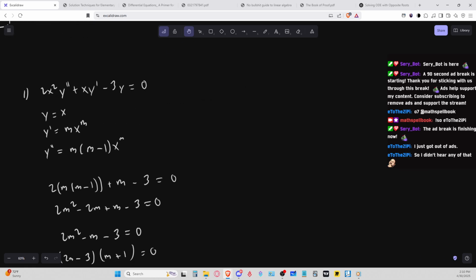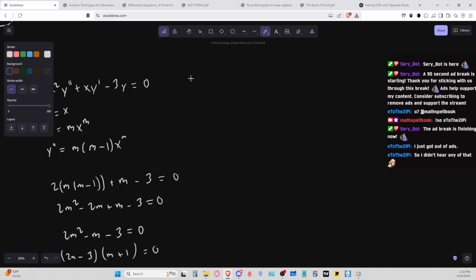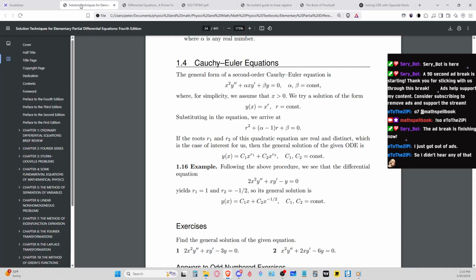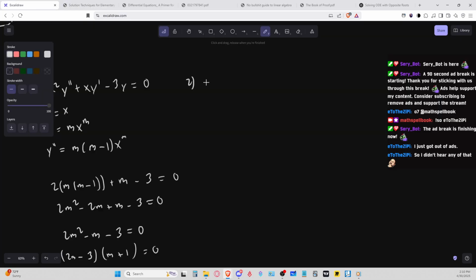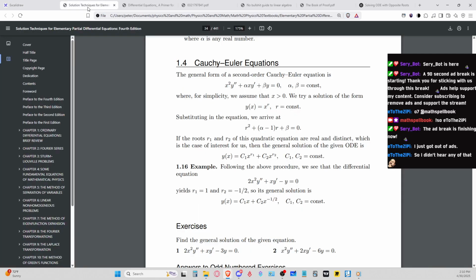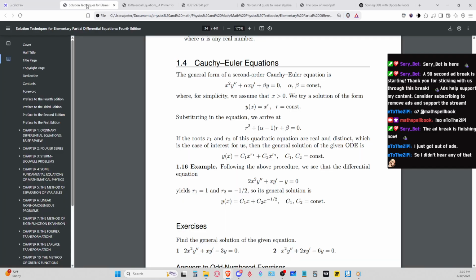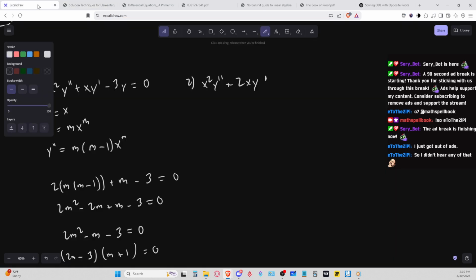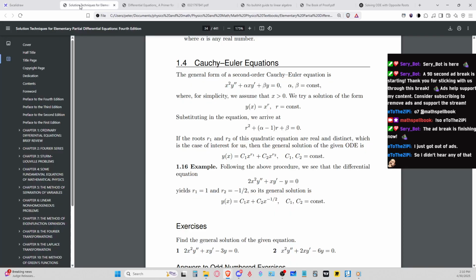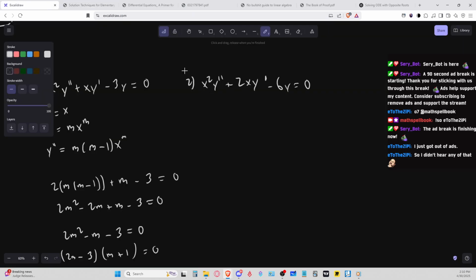So move this over here. Then we'll do number 2. Number 2 is plus 2y prime, and then x squared.